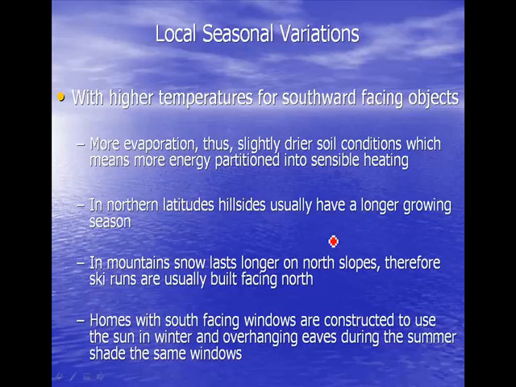In northern latitudes, hillsides usually have a longer growing season. In mountains, snow lasts longer on the northern slopes. Therefore, most ski slopes or ski runs are built facing north. For your homes, you'll notice a lot of homes, especially in northern latitudes, usually have south-facing windows. This is to take advantage of the sun.